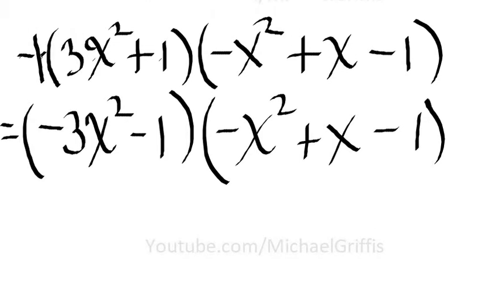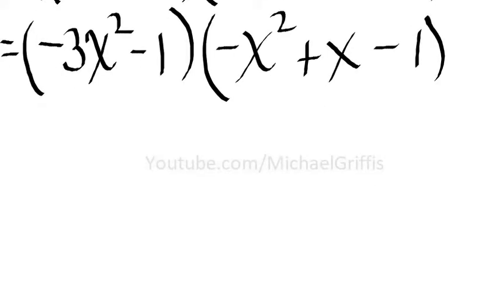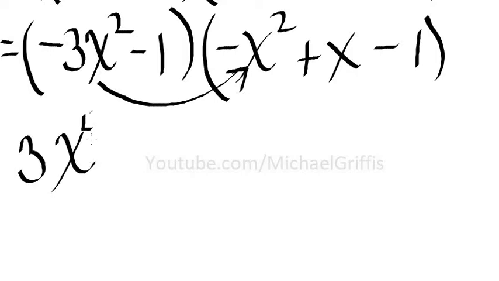Okay. So now we go ahead and multiply negative 3x squared times that negative x squared. So it's going to make that a positive 3x to the fourth. Remember, we add their exponents.